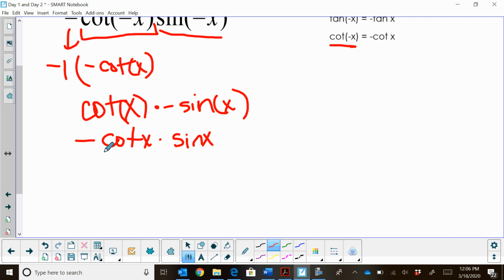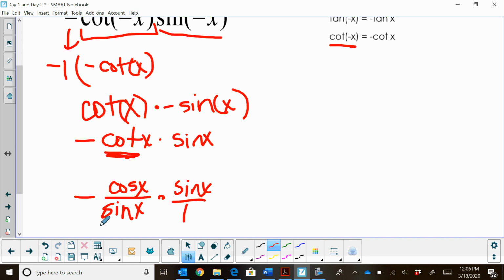Now I can simplify this a little bit more because I know cotangent can be replaced with sines and cosines. So that's going to be negative cosine of x over sine of x, and these aren't squared, so they're just simply cosine and sine, all over sine x, all over 1, and then the signs cancel. And what am I left with? Negative cosine of x. And there we go.